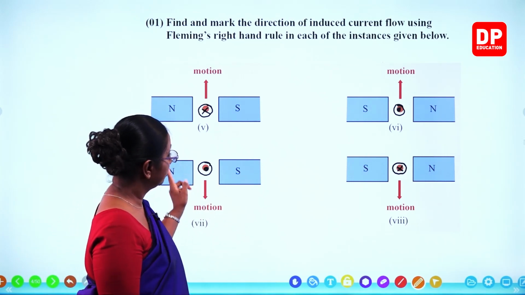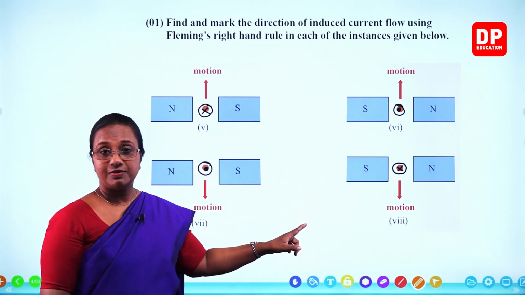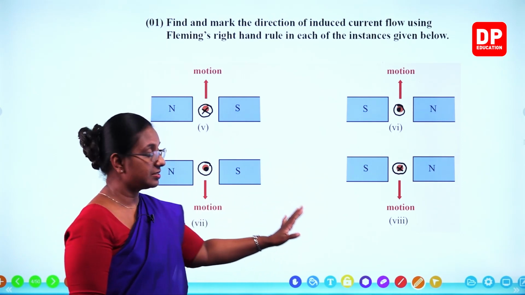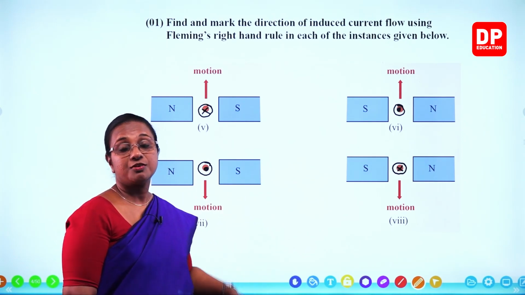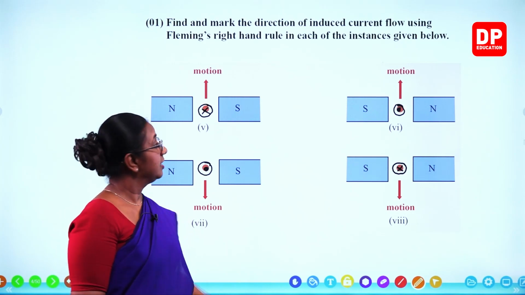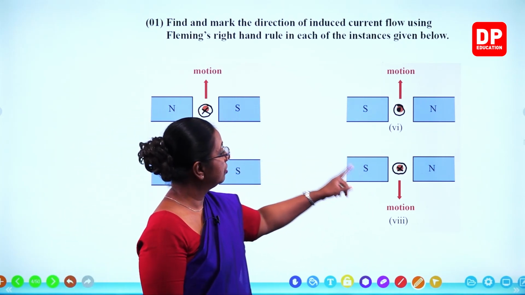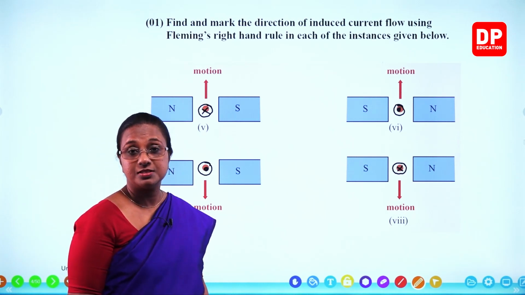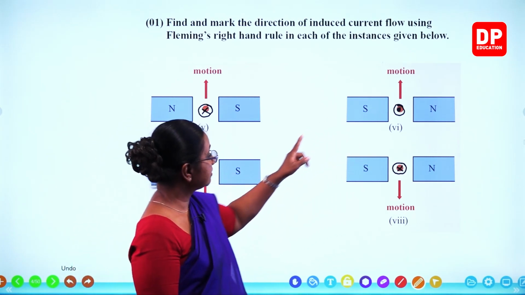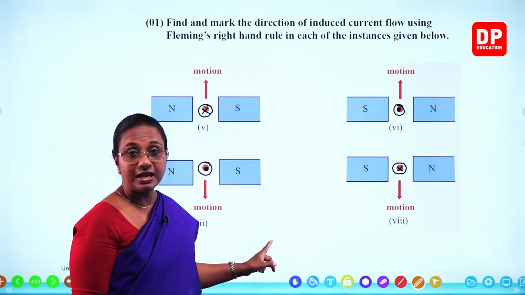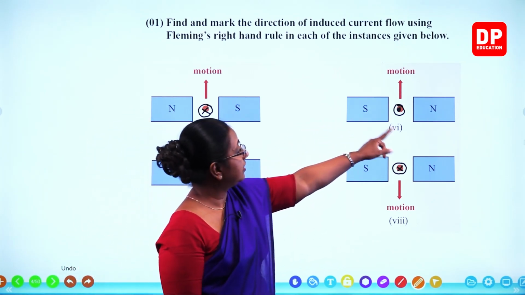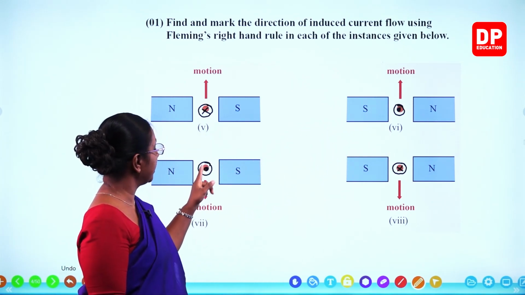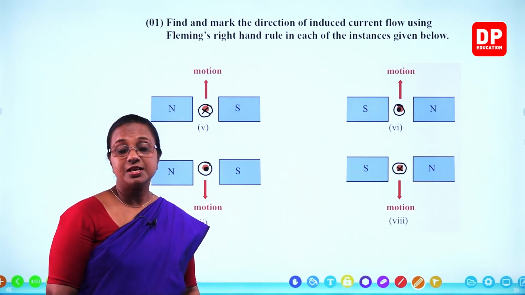Here also, the direction of the magnetic field changes, motion is the same, so the direction of the current flow changes. If you take these two, both factors change, so the direction of current flow doesn't change. If you take the sixth one and the seventh one again, both the magnetic field is different and also the motion is different.